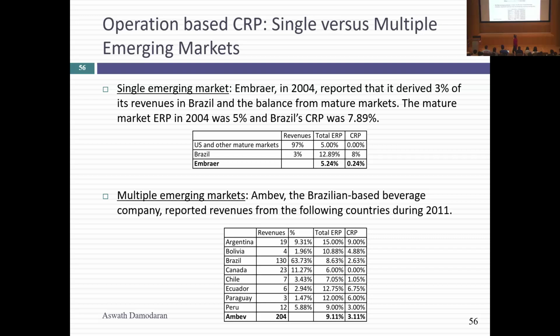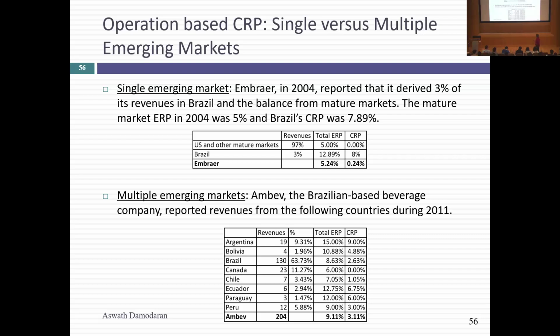So when I computed an equity risk premium for the 3% in Brazil, I gave them the Brazilian equity risk premium, which was sky high then, 12.89%. For the 97%, I gave a mature market equity risk premium. And I value Indian companies like Infosys. It's an outsourcing company. Infosys gets about 7% of its revenues in India, 93% primarily from US companies and large European companies. Its equity risk premium looks more like a US company than an Indian company.